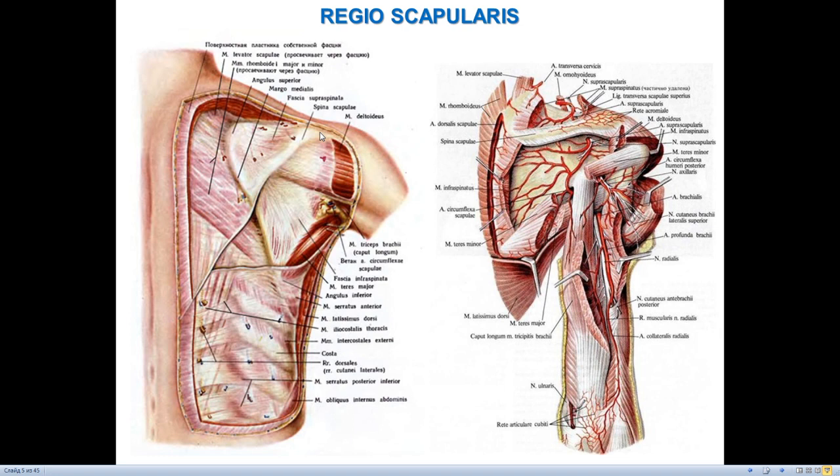Here also passes a branch of the thyrocervical trunk.